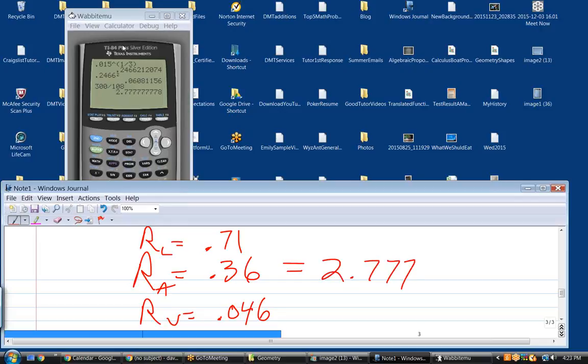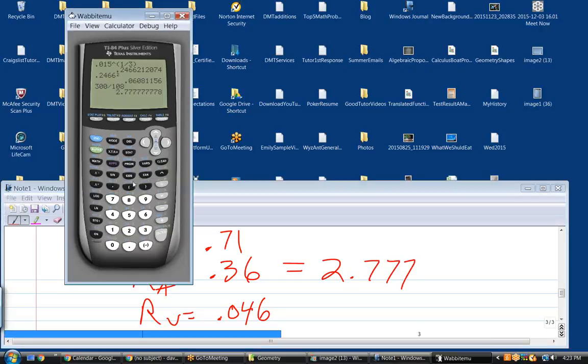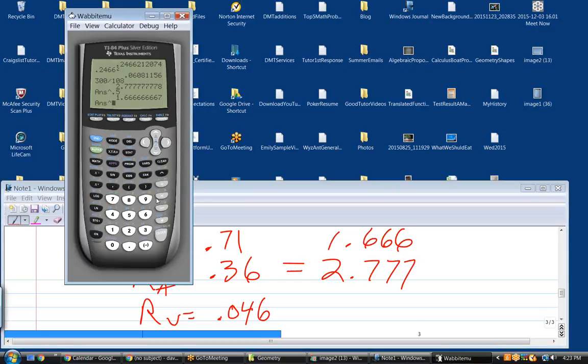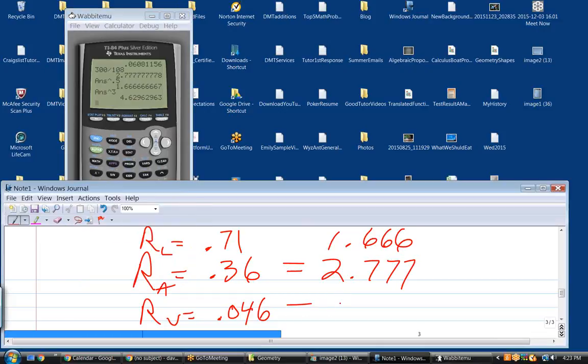Now to get the linear ratio, I'm going to take the square root of that. Now I've got a number that's bigger than 1. And now I'm going to cube that number. In other words, all my numbers are bigger than 1, and they all make more sense to me.